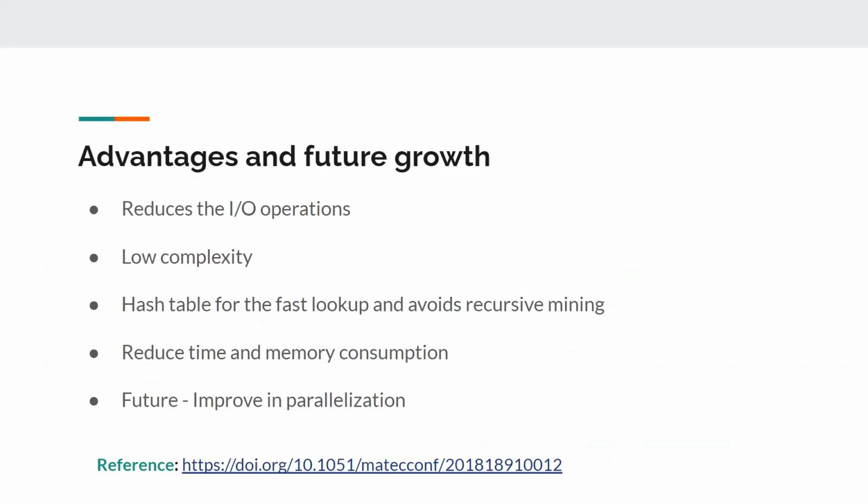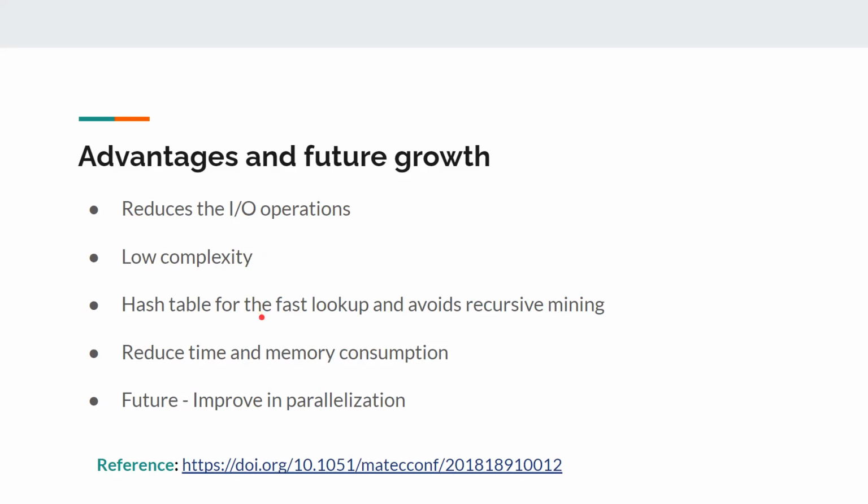Then advantages and future growth. This algorithm will reduce the input output operations, because it will scan the database only once. It also has low complexity, because it does not require establishment of a header file as in FP growth, and we can avoid many sort operations here.